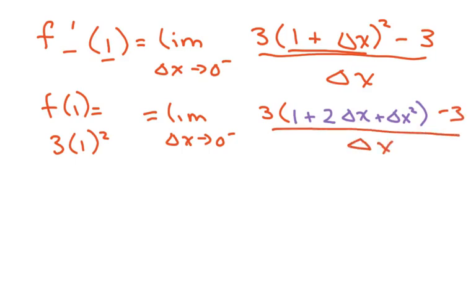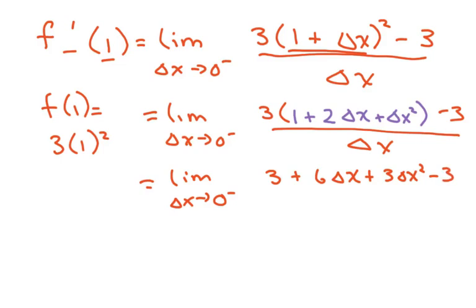All right, so this equals the limit as delta x approaches 0 from the left, and distribute: 3 plus 6 delta x plus 3 delta x squared minus 3, over delta x. What happens here is the 3's cancel.